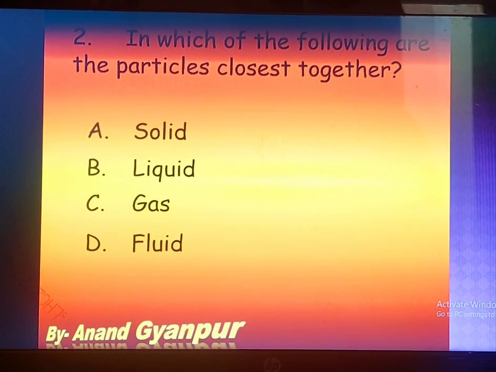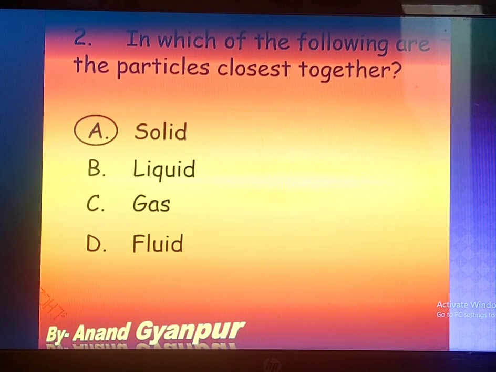Now the second question: in which of the following are the particles closest together? The right answer is solid, because in a solid the intermolecular bonds are tight, so the distance between the particles is very small compared to liquid and gas.